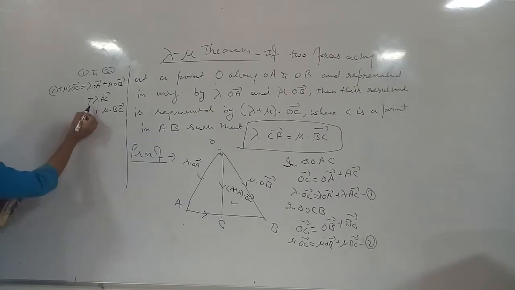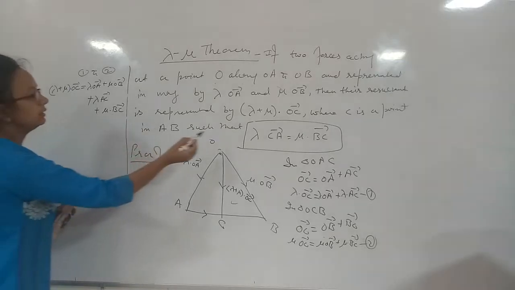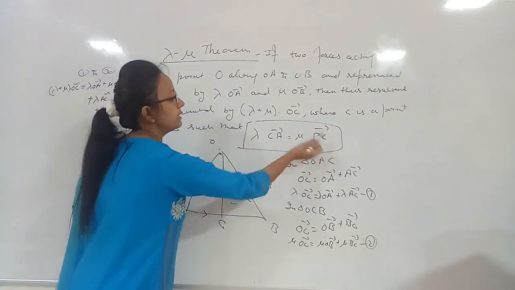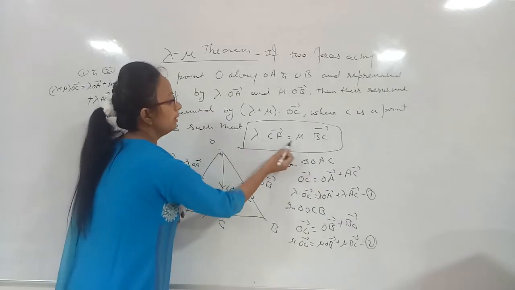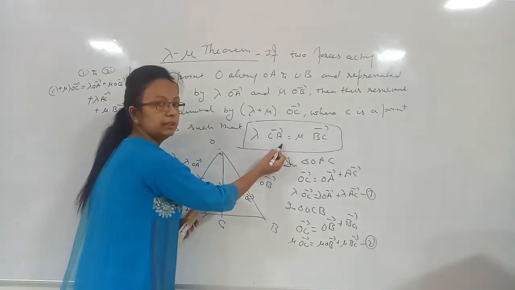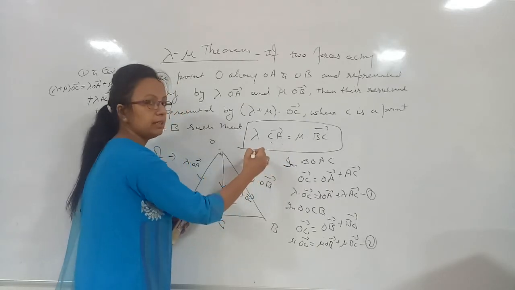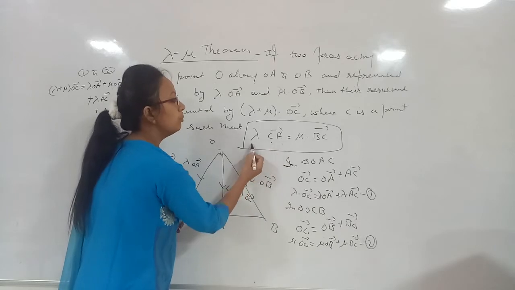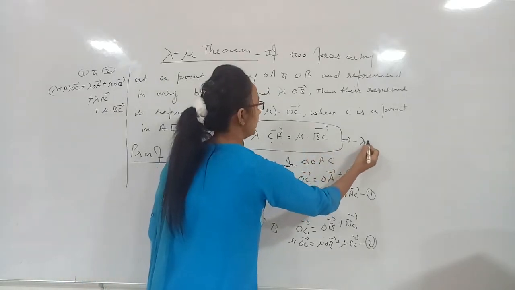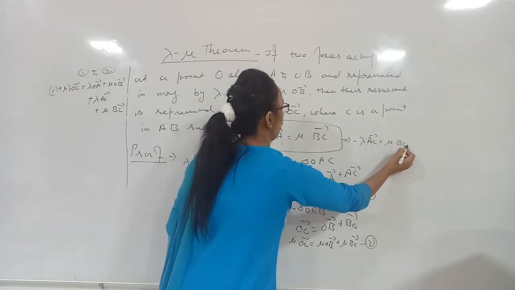Now see these last two terms. Lambda CA is equal to mu BC, and if we convert CA into AC, then CA is equal to minus AC, so we have mu BC is equal to minus lambda AC.